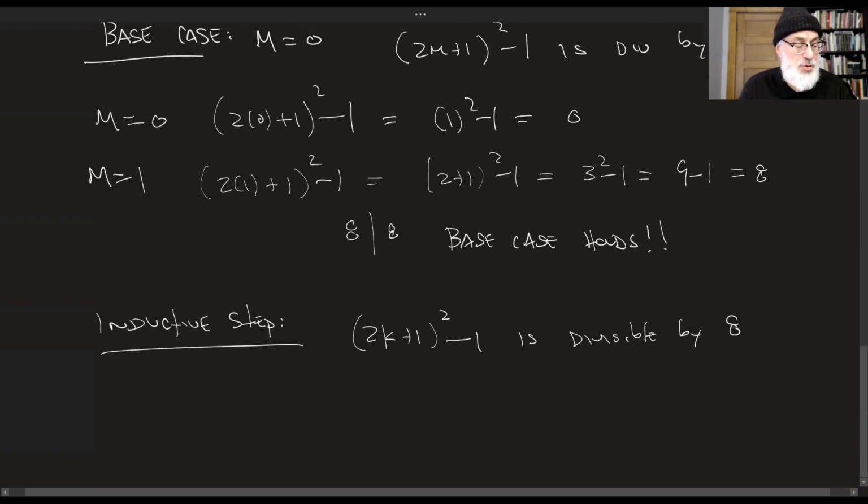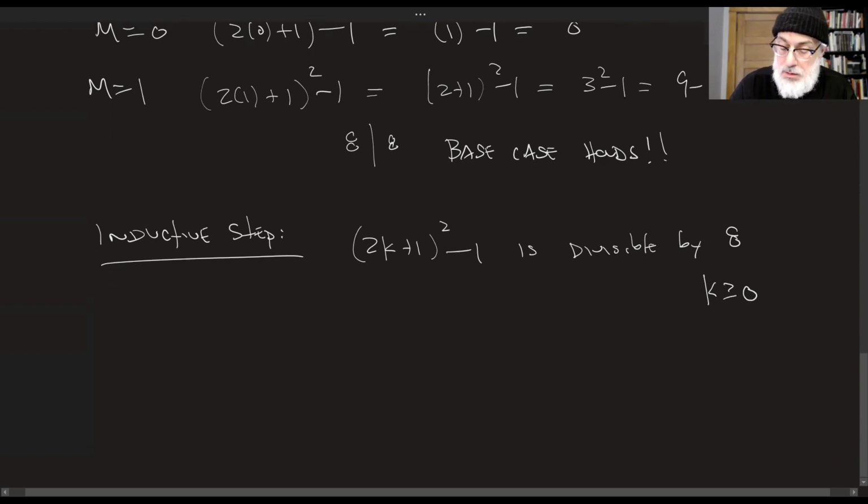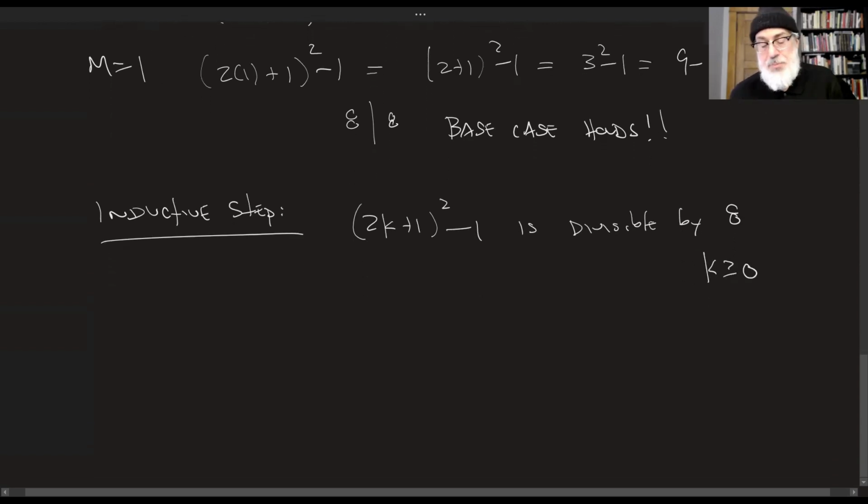We're going to assume this is true for k greater than or equal to 0. So 2k plus 1 is replacing n squared. So 2k plus 1 squared. Okay, this is the induction hypothesis.